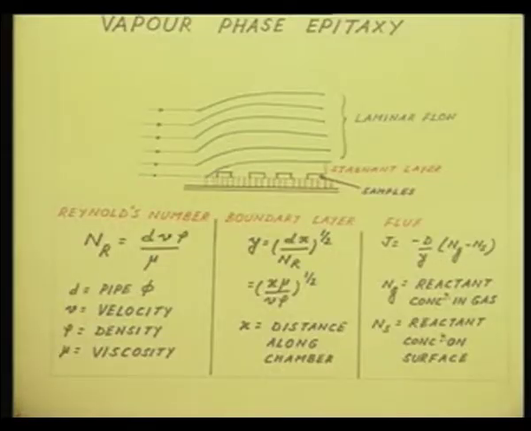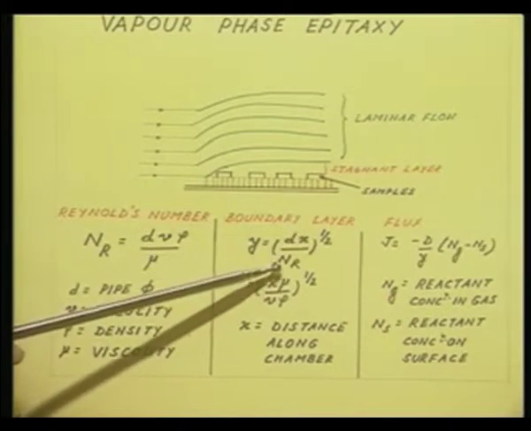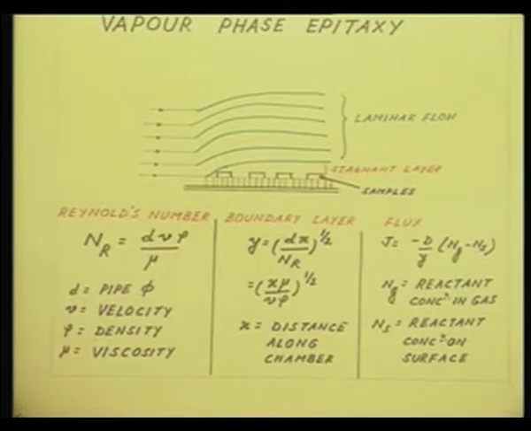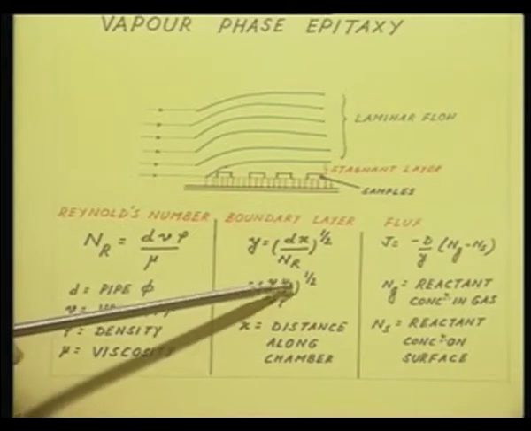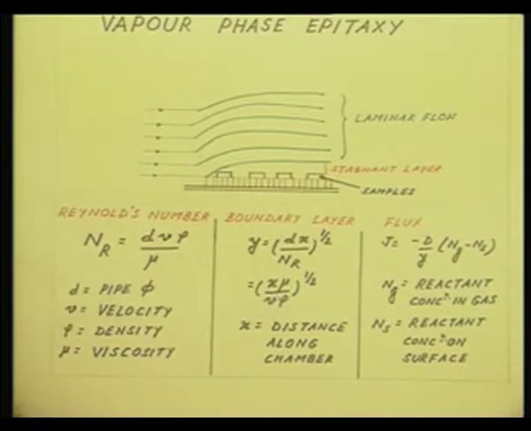Now, the width of the boundary layer or the stagnant layer is related to the Reynolds number by this formula. Y, that is the width of the stagnant layer, is given by D times x divided by Nr whole to the power half, which by substituting the value of Nr from the first equation, we can write as x times mu divided by v times rho to the power half, where x is the distance along the chamber.